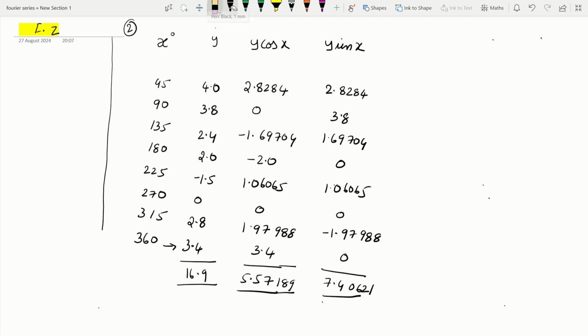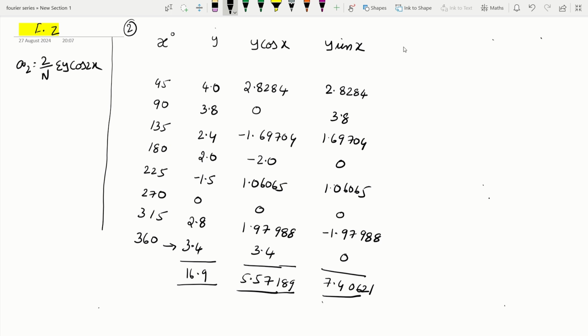So now the A2 formula I am writing: 2 by n summation y cos 2x. So we need to calculate y into cos 2x. Same thing, enter y cos 2x in your calculator.